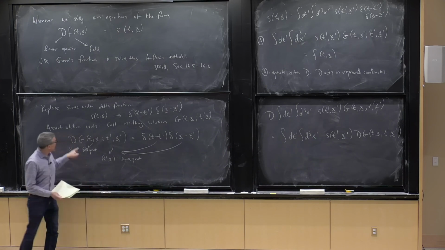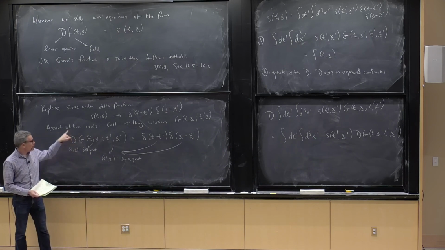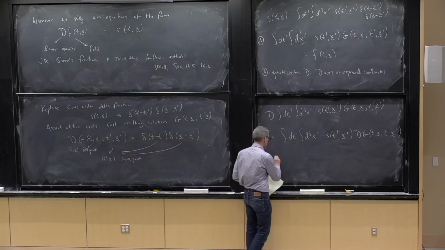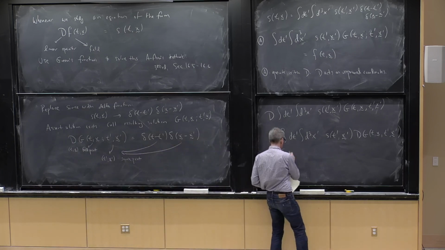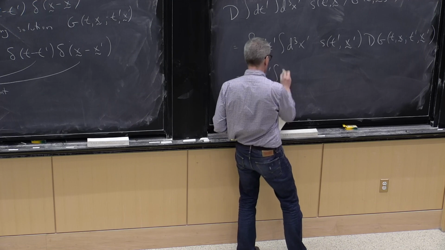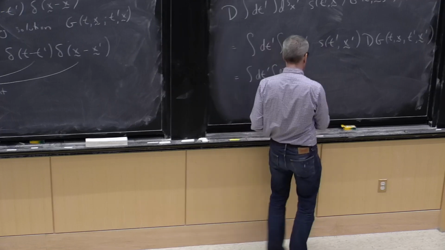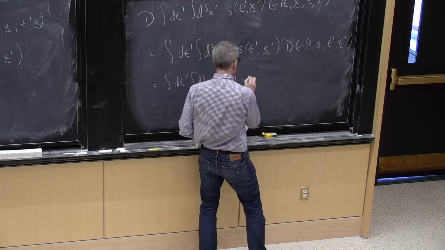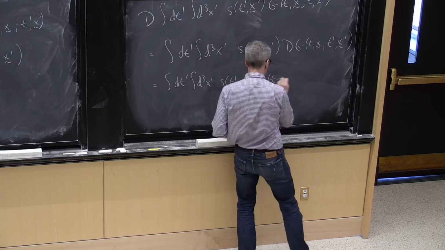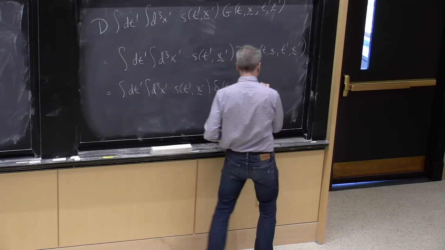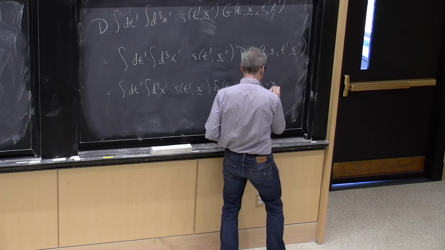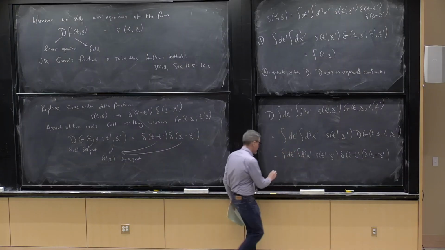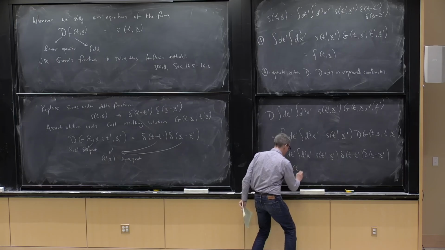But I have asserted that the Green's function is such that when D acts on it, I get the delta functions out. And by the definition of delta functions, this just gives me my source back.